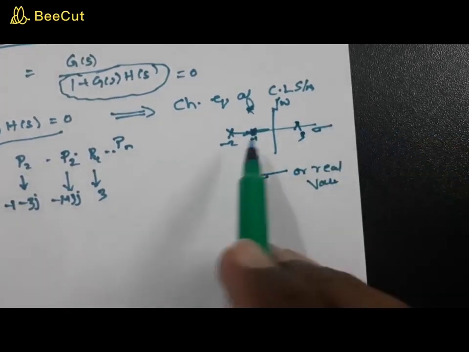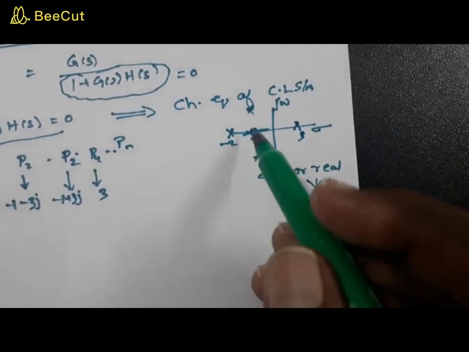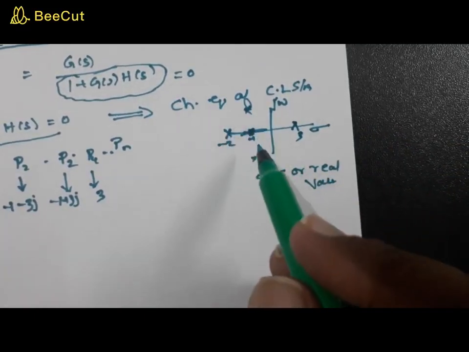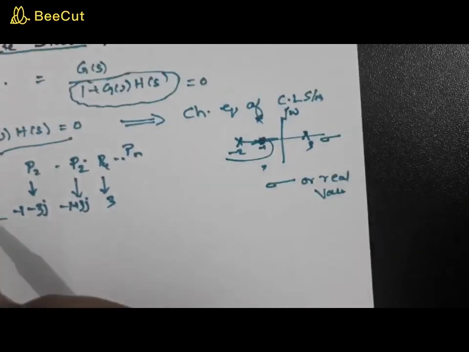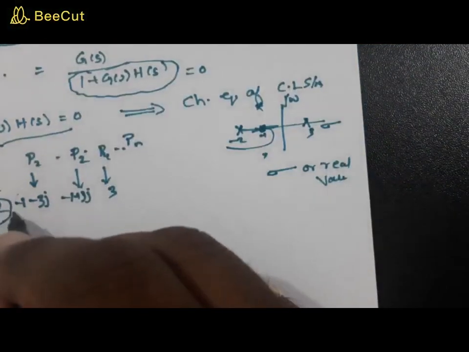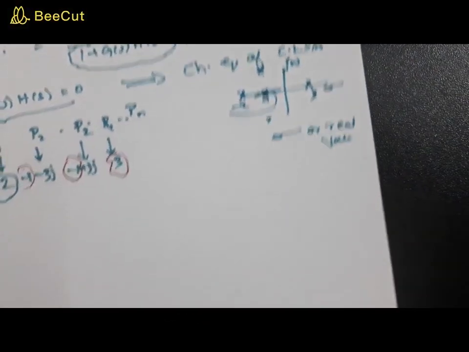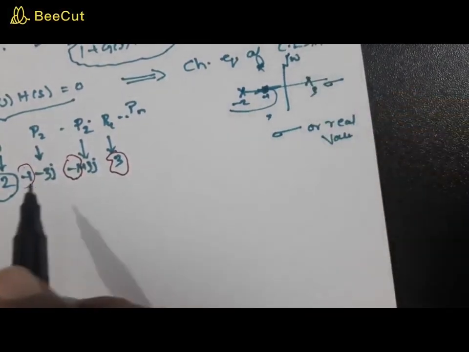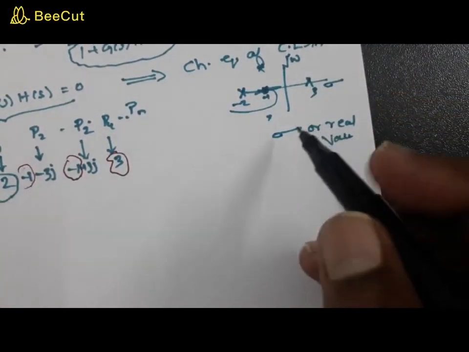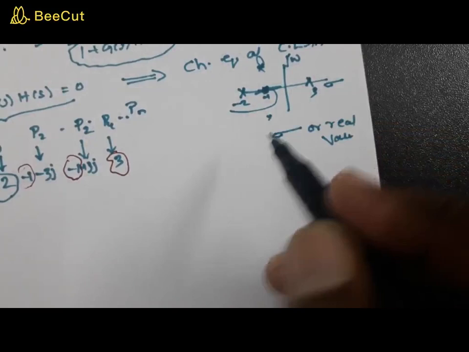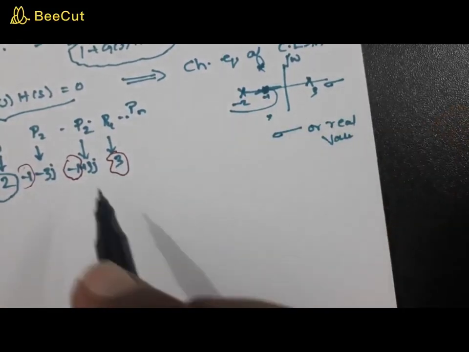So look at this. What actually determines whether it is on the right or the left half is the real value. Here also it's the real value. Here also you have the real value. Here also you have the real value. So if the real value is negative, you can say that it's in the left half, and if it is positive, it is on the right half.